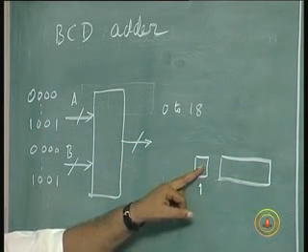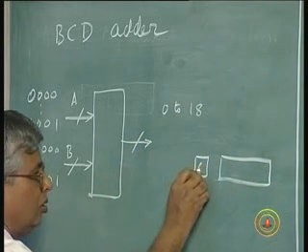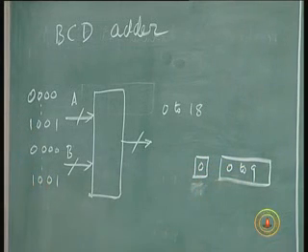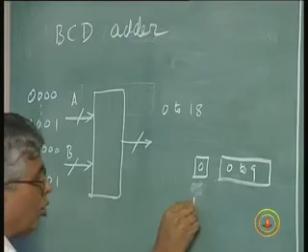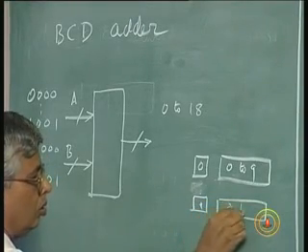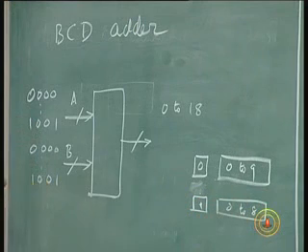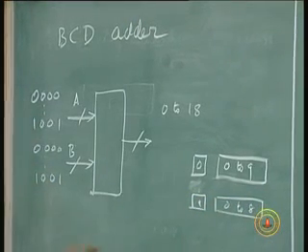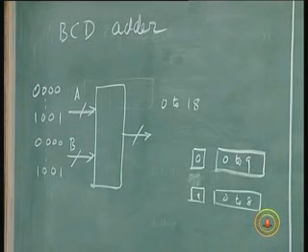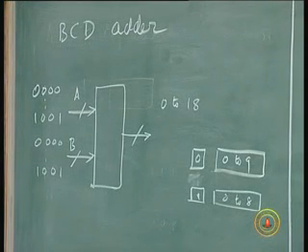If this is a 0, 0 to 9, no problem. From 10 onwards, I will have to have a 1 followed by 0 to 8. That means whenever the number exceeds 9, I will have to do a little bit of something to bring it to what I want.